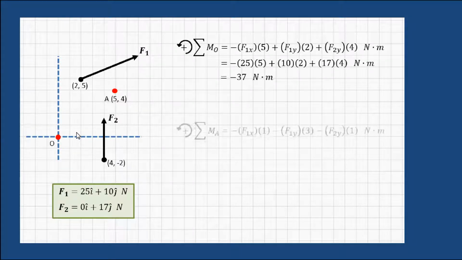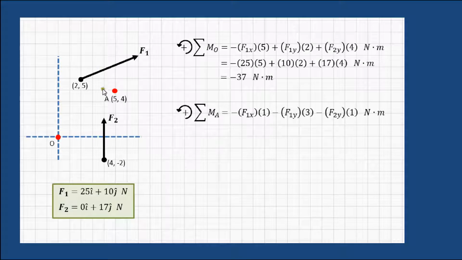Now if I do the same calculation of the moment produced by these two forces about point A, we see that the force vector, the x component of F1, has a moment arm of 1, and in this case causes clockwise rotation, so it comes in as a negative. Its y component has a moment arm of 3 and again causes clockwise rotation, so again comes in here as negative.